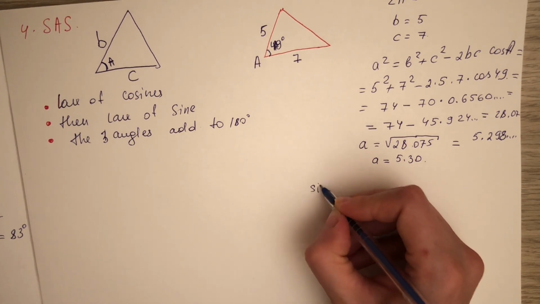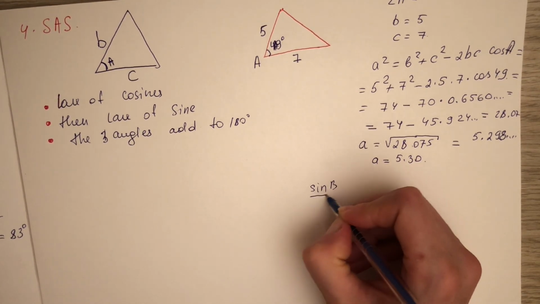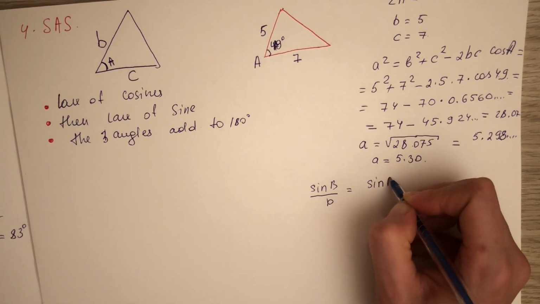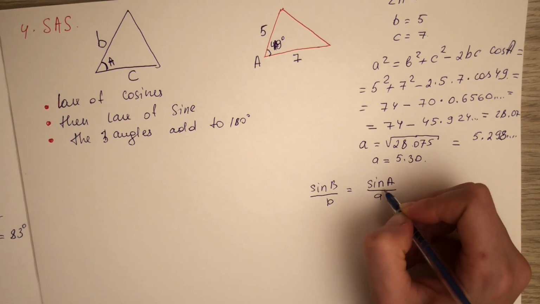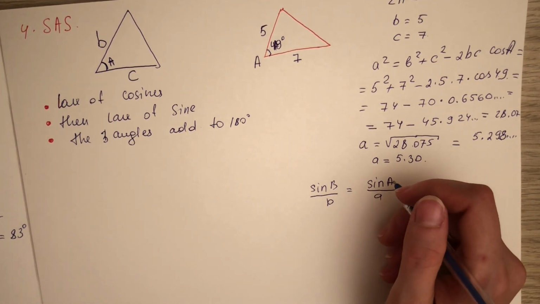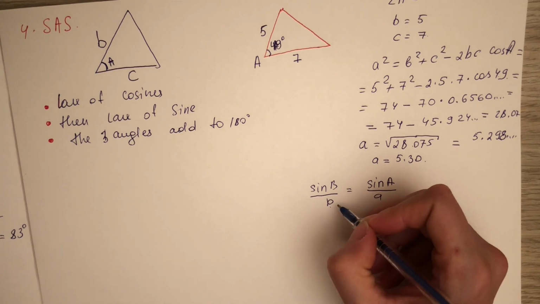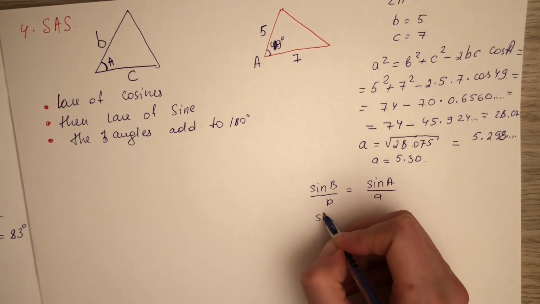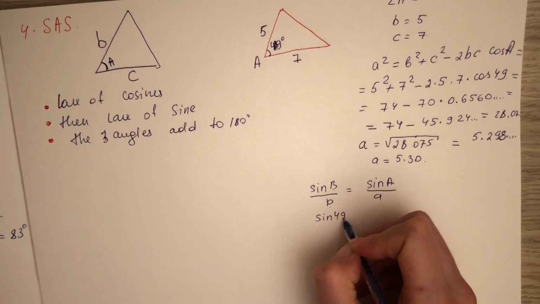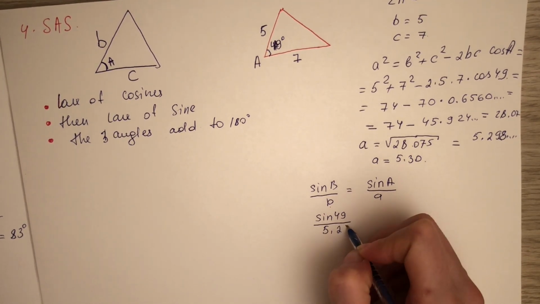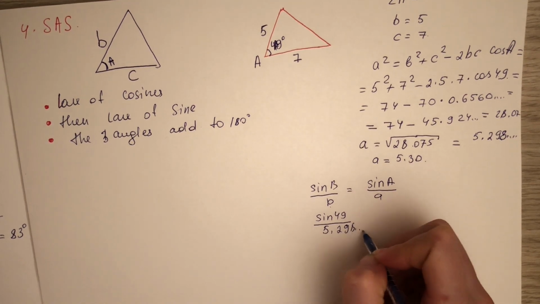Sine B divided by b is equal to sine A divided by a. And here, sine B divided by b is equal to sine 49 divided by 5.298 and so on.